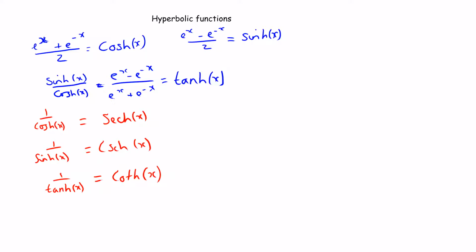Now, aside from just being quite similar, they also have similar rules. So, if we think about trigonometric identities, the first one we might think of is sine squared plus cos squared equals 1.